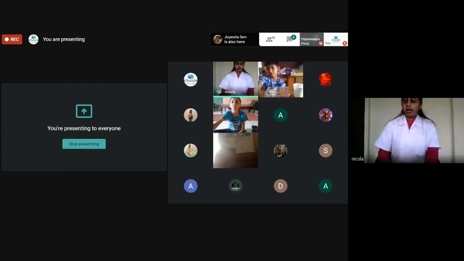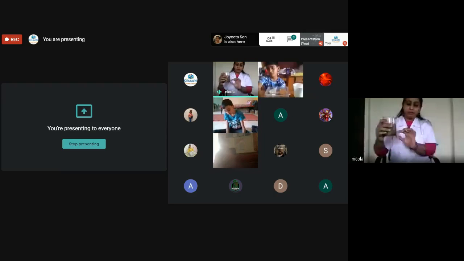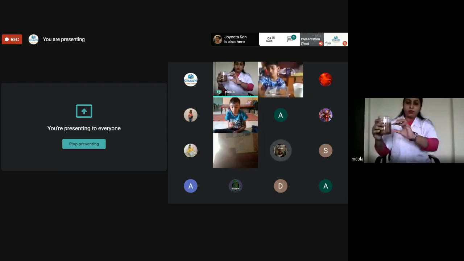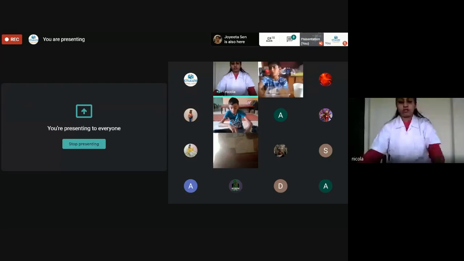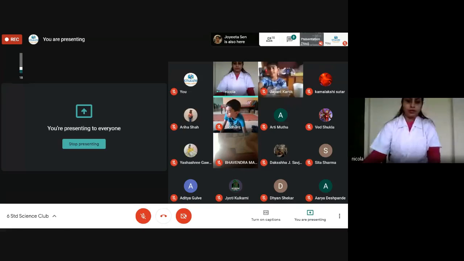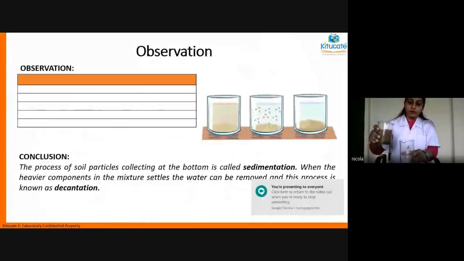Okay. So now what we can do is, you all have observed a layer of mud that is settled at the bottom. You all can see water at the top. Now you all can do the process of decantation. Now we move on to the next experiment, that is decantation. Okay. So what you'll have to do.